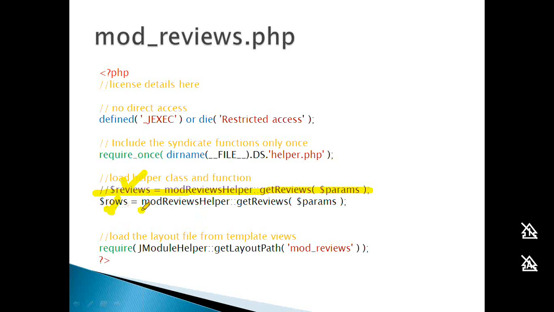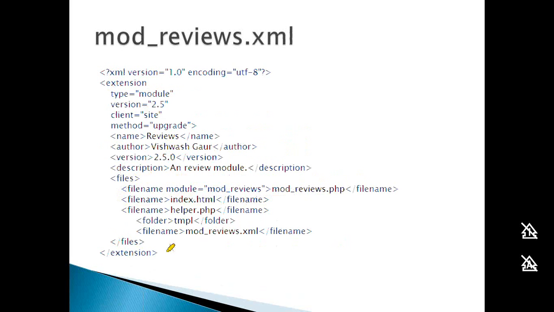I'm assuming that the helper class will be called, and then the function will be called, and this function will return some rows to me. These database rows will be stored in this variable, and then these will be transferred to the template. As I said, there is no change in the mod_reviews.xml file. It will remain the same.